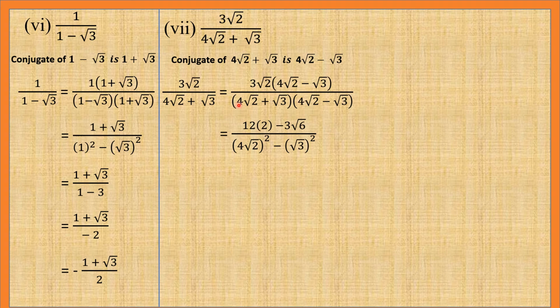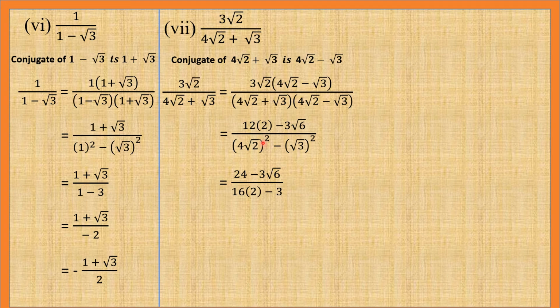Over 4 root of 2 times 4 root of 2, which is 4 root of 2 squared, minus root of 3 squared, applying the difference of 2 squares. So simplifying, the numerator will now be 24 minus 3 root of 6.